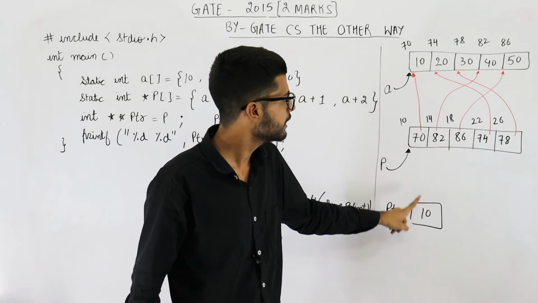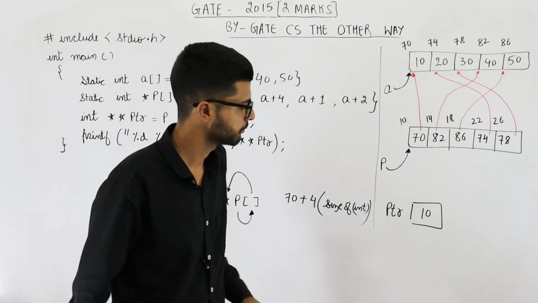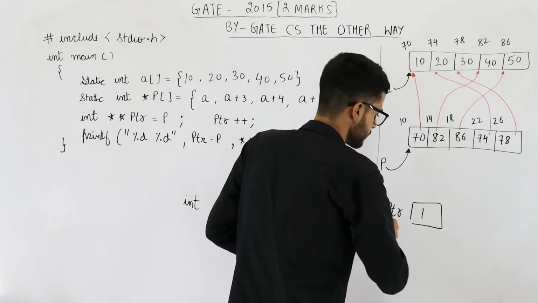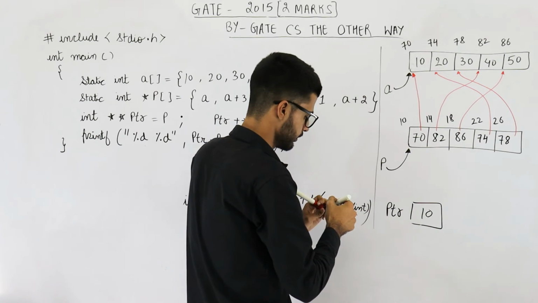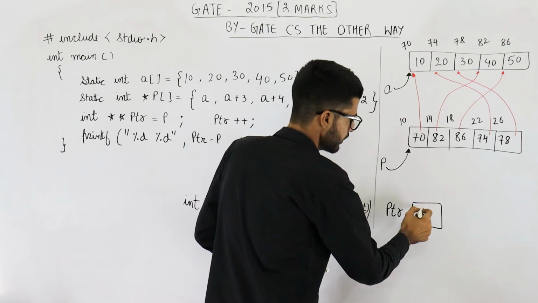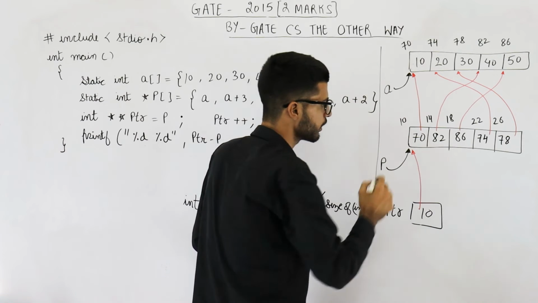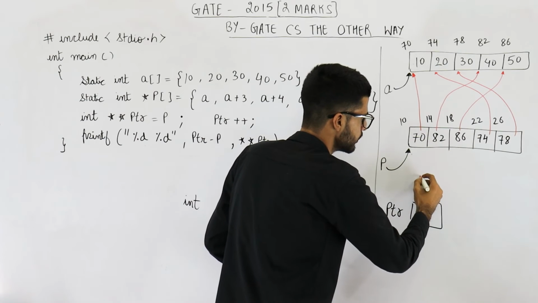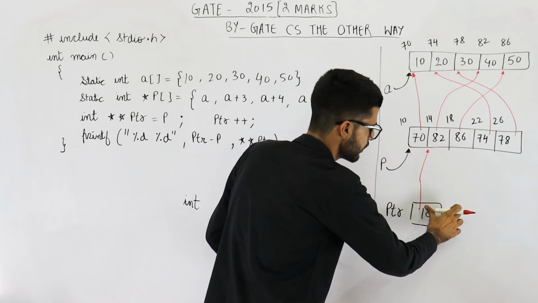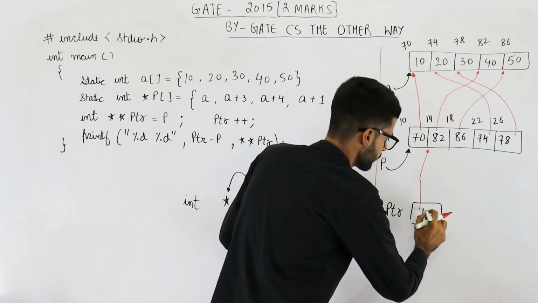If you increment 10, it will become 14. See, first of all, it contains this value 10, which means it is pointing here. If you increment it, it will start pointing here and the value will become 14.